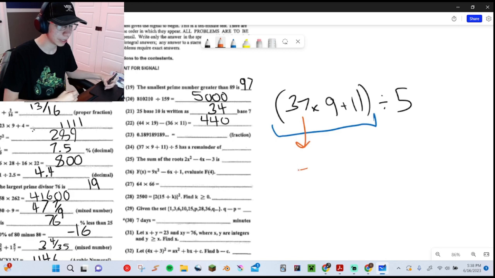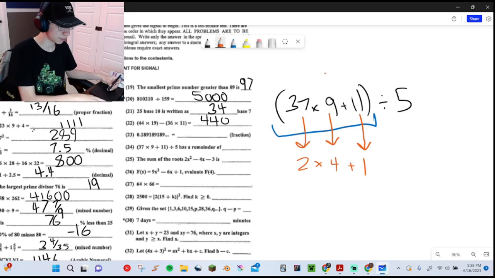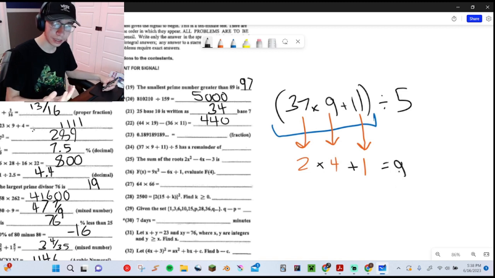The remainder here would be 2, the remainder here would be 4, and the remainder here would be 1. And so I could just do the same operations, right? 2 times 4 plus 1. And that's 9, which when we divide 9 by 5, has some quotient, which is 1, right?